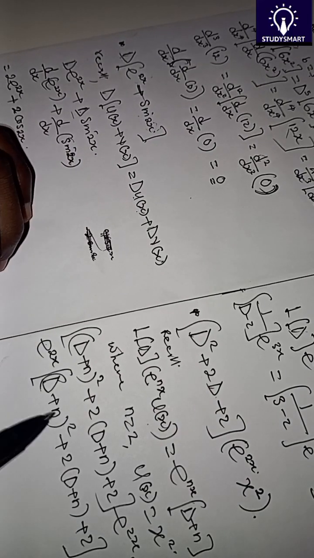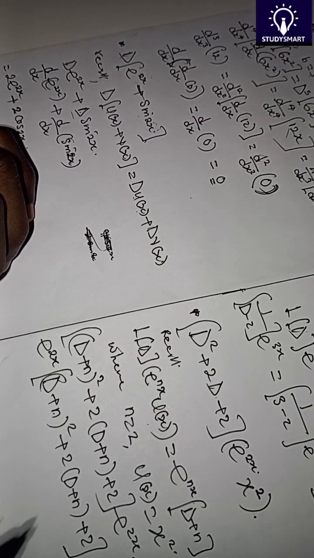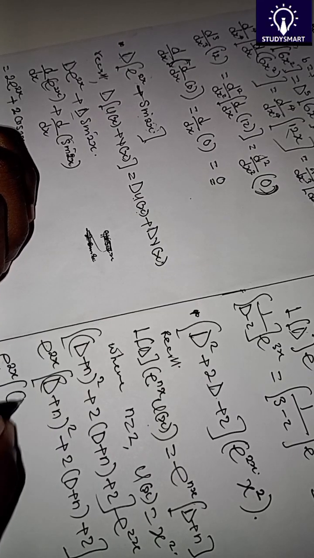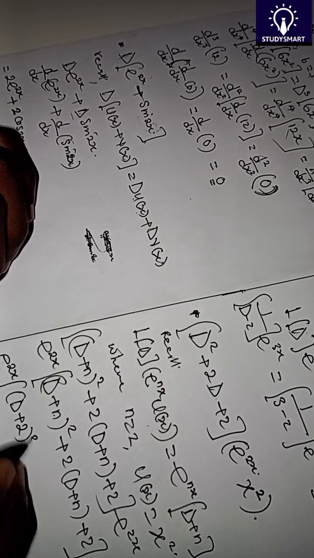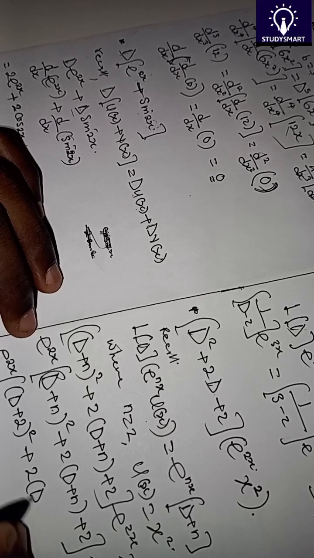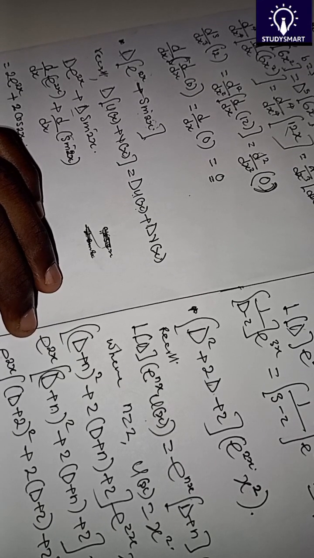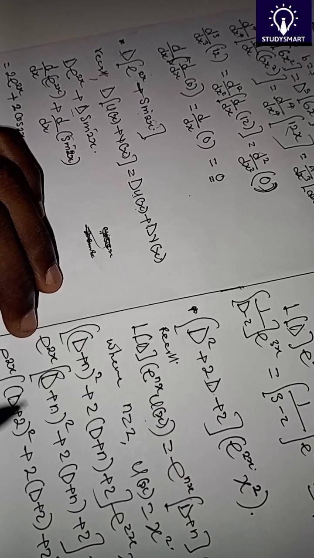Our n here, we know to be 2. So we can say exponential 2x becomes d plus 2 all squared, plus 2 into d plus 2, then plus 2. I have x squared here. Let's stop here. I'm going to open up this bracket.